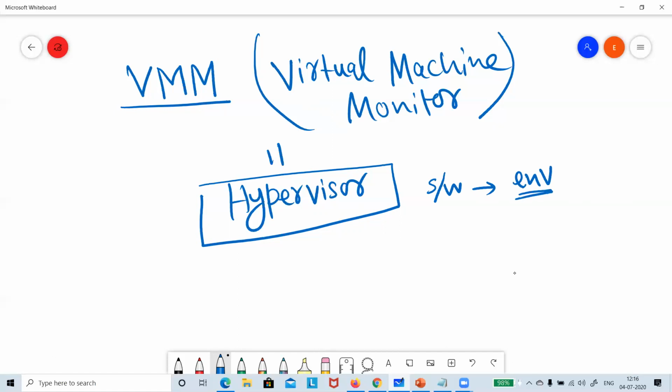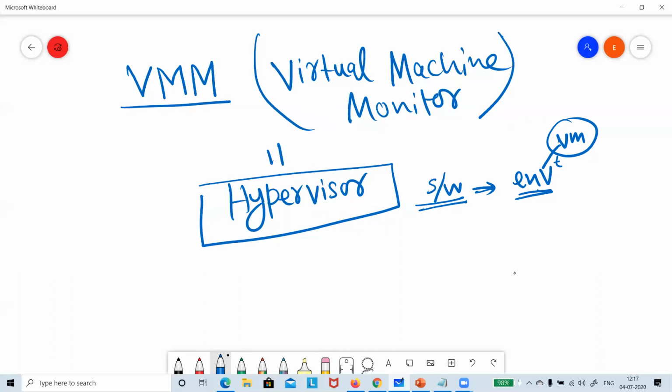It gives an environment, right? In this environment, what will work? Virtual machine. Yes. So hypervisor is a software which gives an environment in which the VM will run, the VM will operate. Just some basic understanding of what a hypervisor can be.